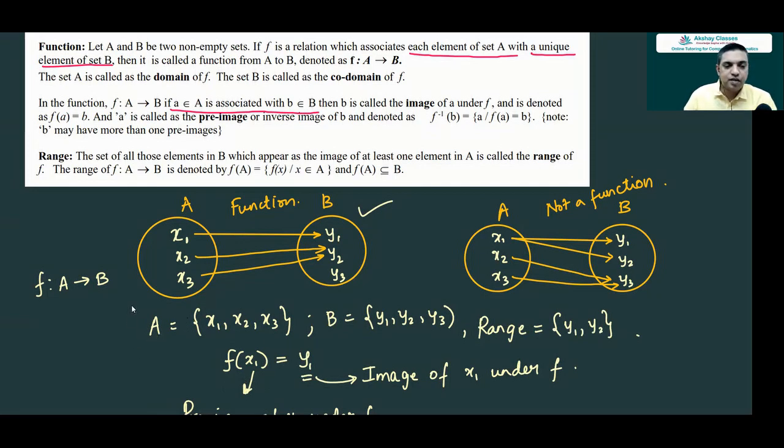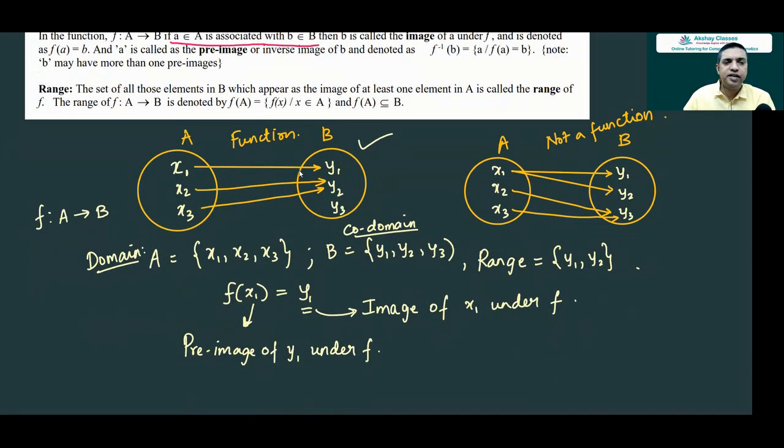So the domain A is x1, x2, x3. The codomain B is y1, y2, y3. But the range is y1, y2. All right.